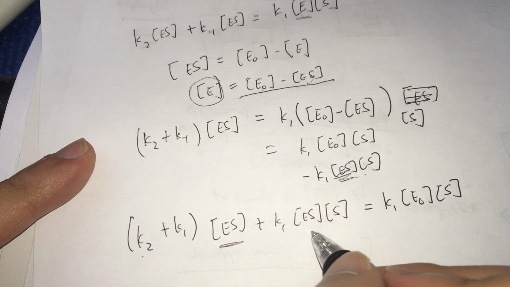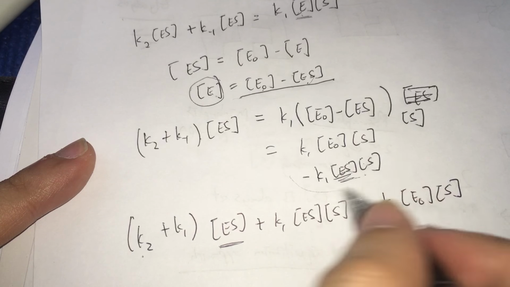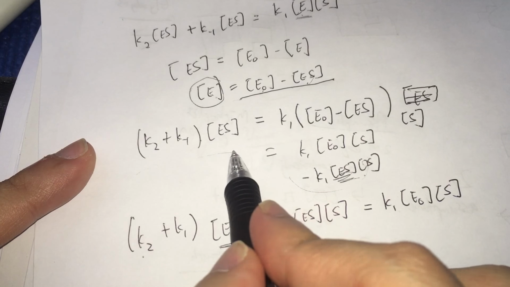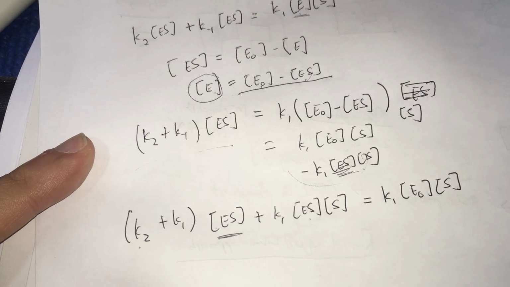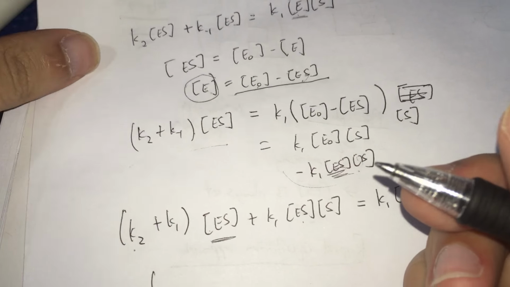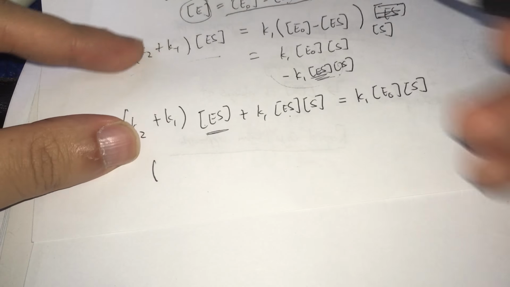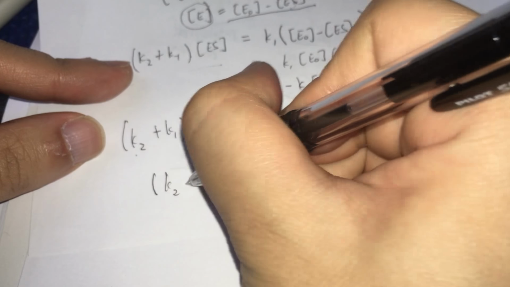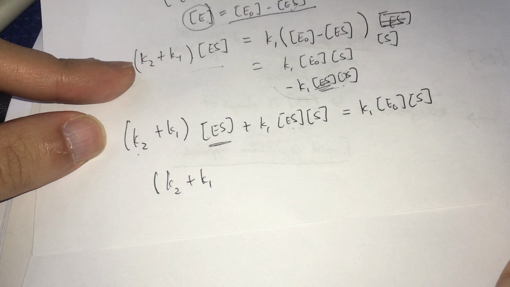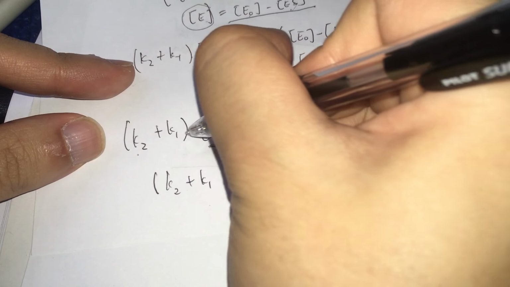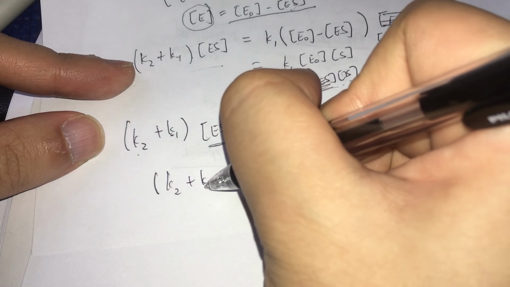So we have this situation where we have brought this over to the left hand side of the equation. Let's just make it a little neater. Oh, sorry, it's K inverse. I made a mistake there.